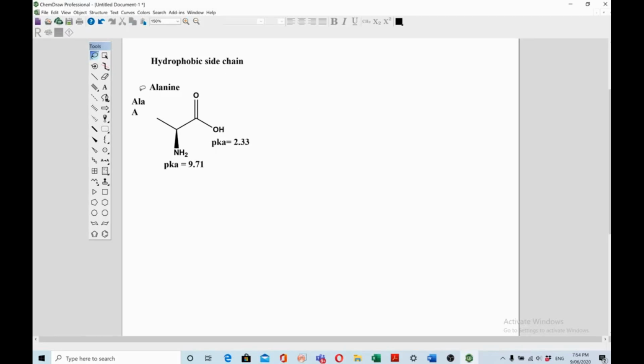The next amino acid is isoleucine, which has a hydrophobic chain. By hydrophobic, you can see the methyl group there. It's not polar, not charged, so you can say it is hydrophobic.